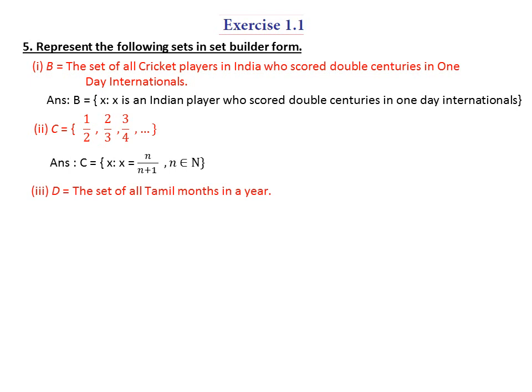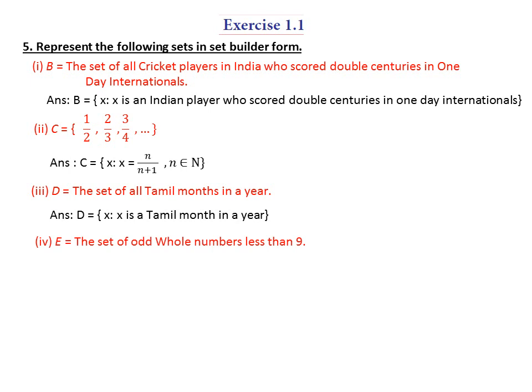D is equal to the set of all Tamil months in a year. You all know Tamil months, I think. Chitrai, Vaigasi, Ani. So D is equal to, no need to mention the names and all, just we are going to give the set builder form. The set of all x such that x is a Tamil month in a year.